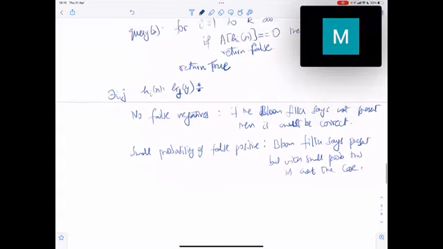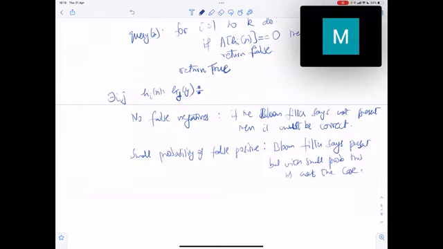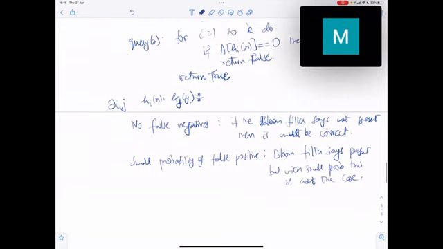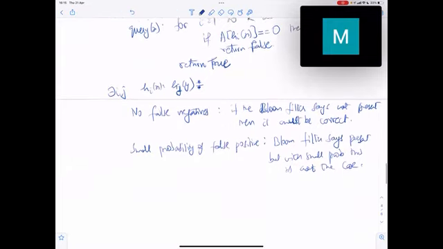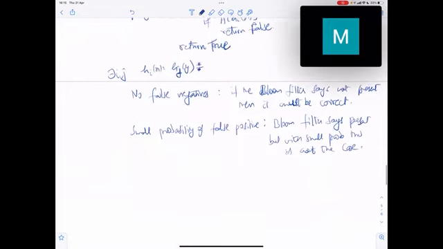So what is the probability of setting a bit to 1?